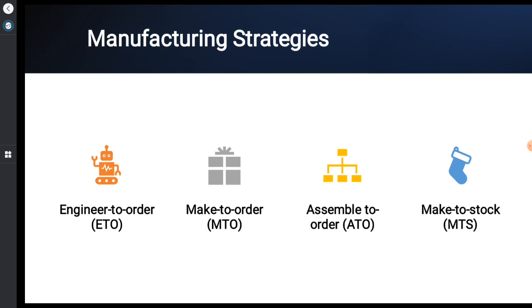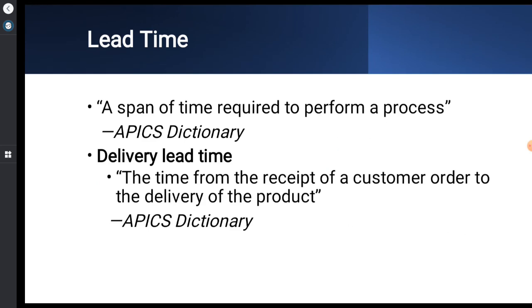Now we are going to slowly explain each one of them in detail and explore how each manufacturing strategy affects delivery time. But before that, let's review together the meaning of the concepts lead time and delivery lead time. Lead time is a span of time required to perform a process or a series of operations.